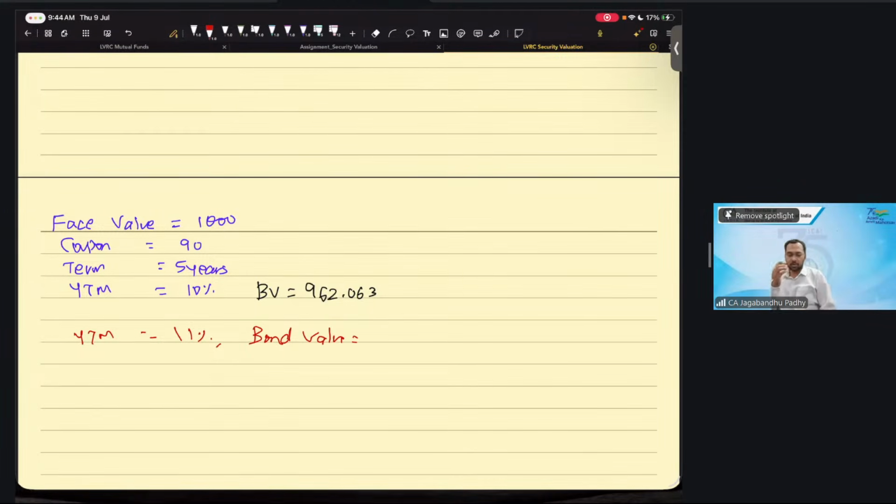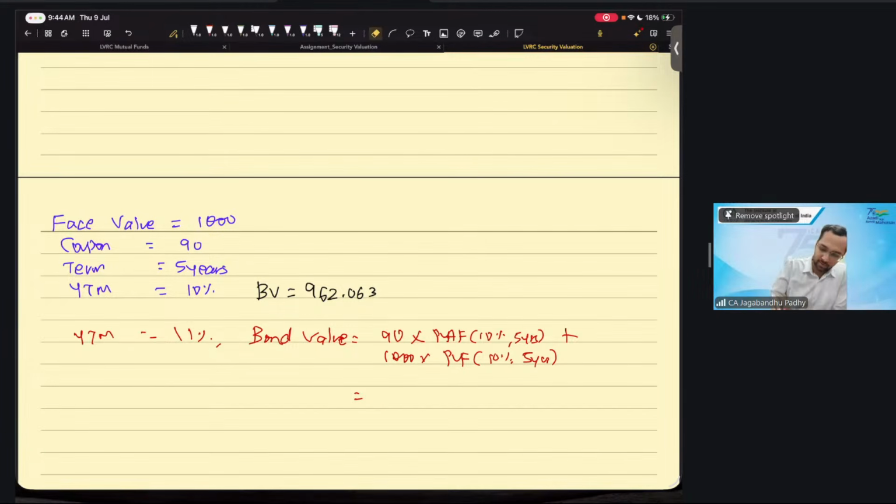You can compute this in a shortcut way: 90 into the present value annuity factor at 11% for 5 years, plus 1000 into the present value factor at 11% for 5 years. What is the bond value at a YTM of 11%?